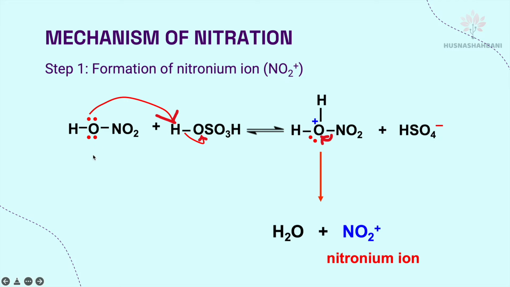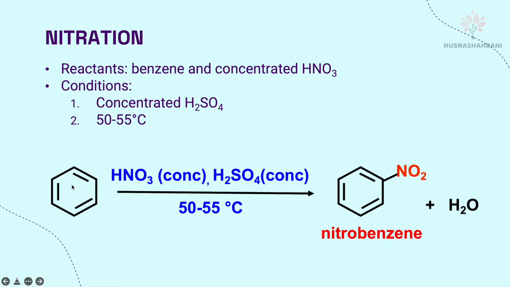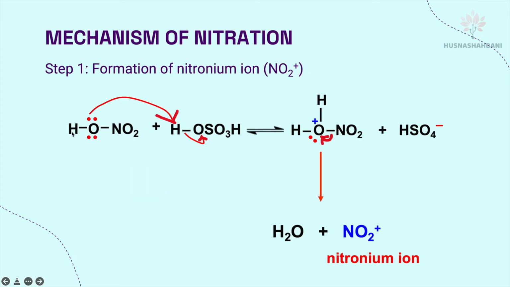But in order for the benzene ring to attack the NO2, we must make this HNO3 electrophile first. So to make this HNO3 electrophile, we react it with H2SO4. The oxygen in HNO3 uses one of its lone pairs to form a bond with the hydrogen in sulfuric acid, H2SO4.